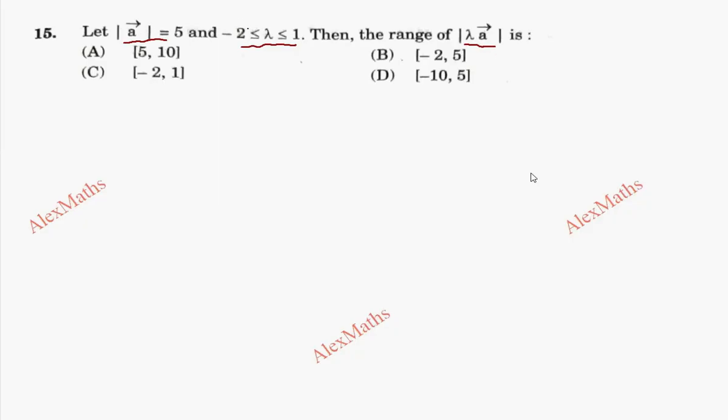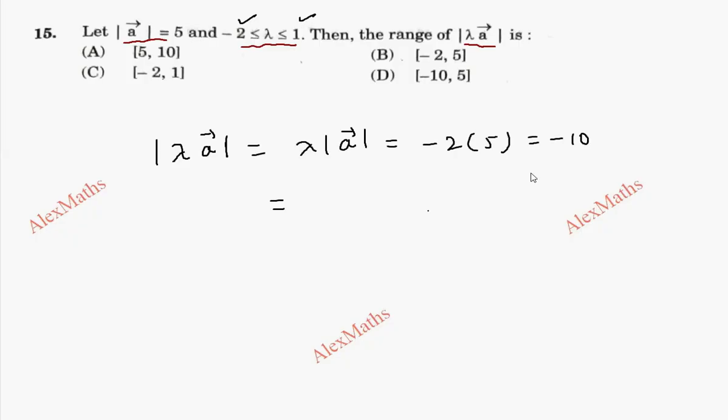When I take the lambda value as -2, multiplying -2 into 5, we are getting -10. In the same way, if I use 1, then this will become 1 into 5, which is 5. So actually we are getting -10 till 5.